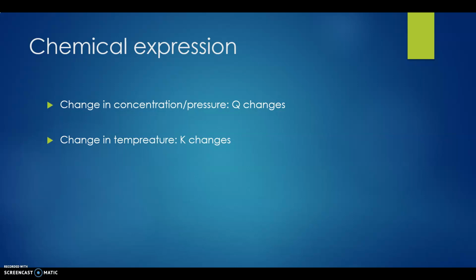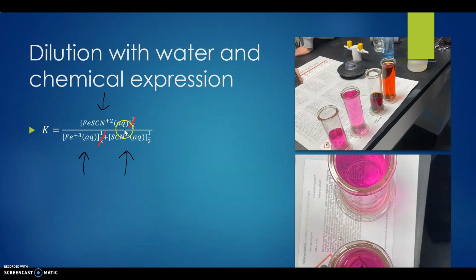We also did a dilution with water, so we added double the amount, where we added water to it, so the volume of the solution was doubled, but the concentration of the molecules was halved.